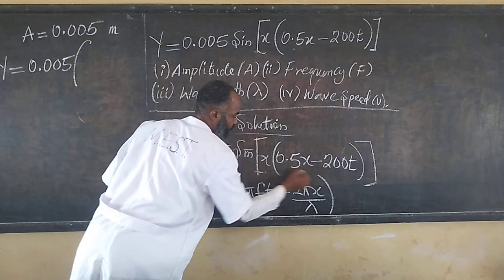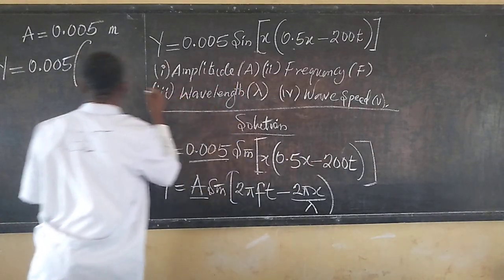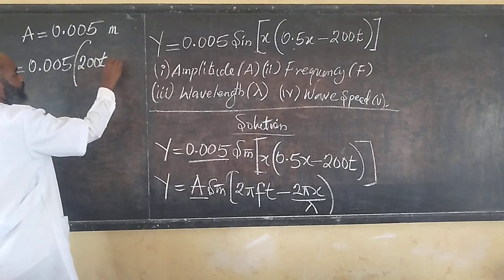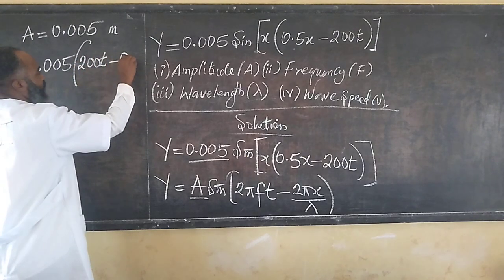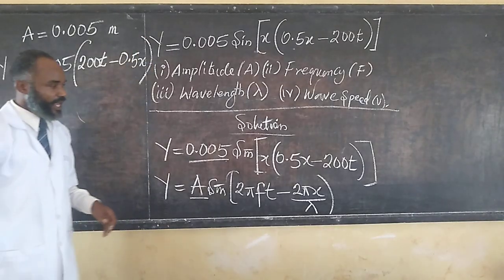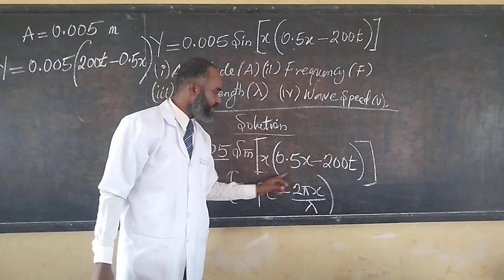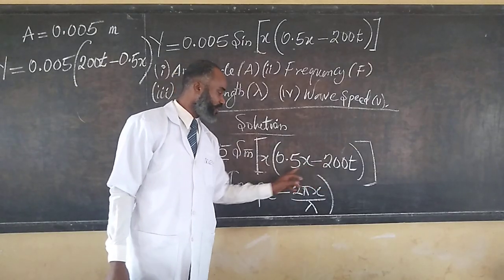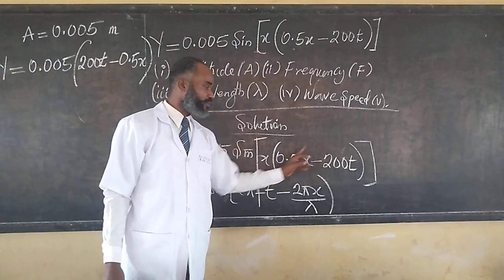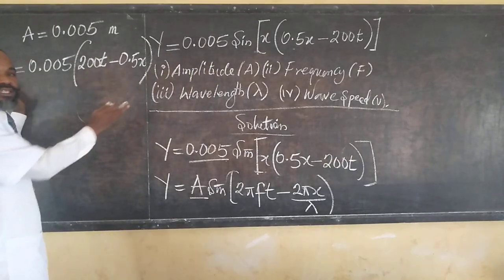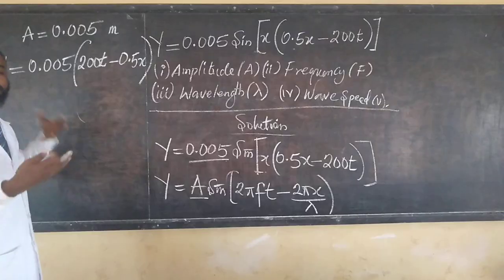We bring this to this side and take this to the other side, and it becomes 200t minus 0.5x, bracket close. As we take this to this side, there is an inverse of the sign. This becomes positive on this side, and this becomes negative on the other side. That is what we've done. Now we have the equation we can solve.